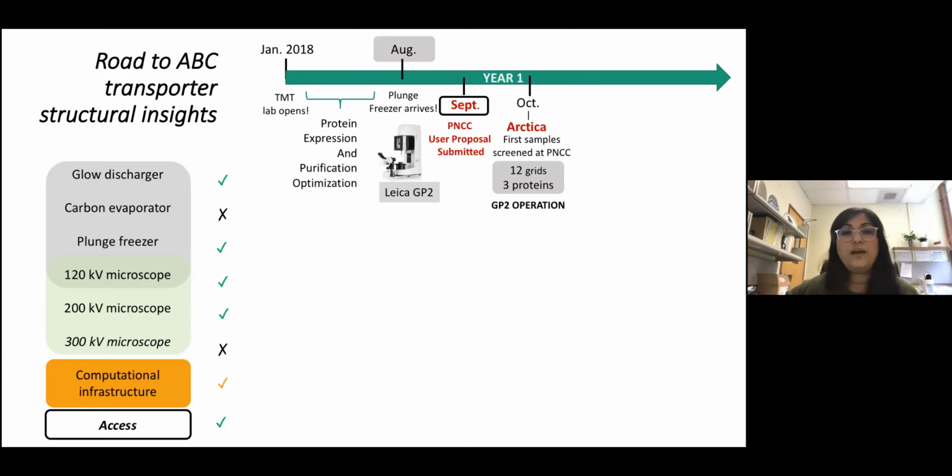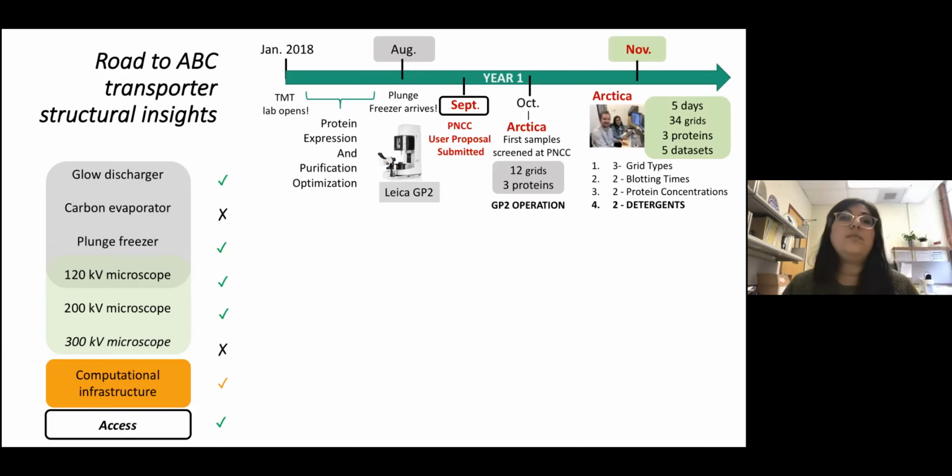So with insights into how to prepare samples, we got to work, and within the month, by November, we were back at PNCC to screen all of the samples that we were able to get into cryo conditions. We really approached this as a tour de force, a brute force approach, because we weren't sure how access would pan out.